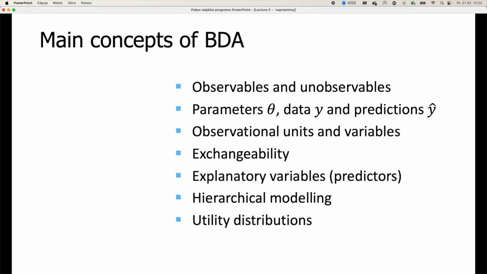In our models we have parameters, we have data, and we have predictions. Predictions are useful because, based on the parameters and knowledge about data, so our model, we can generate predictions of possible values, which we can use to actually predict something, or just to understand how our model represents reality.